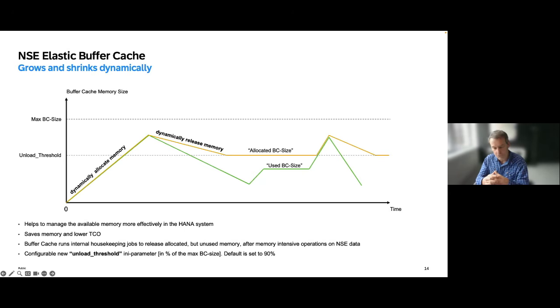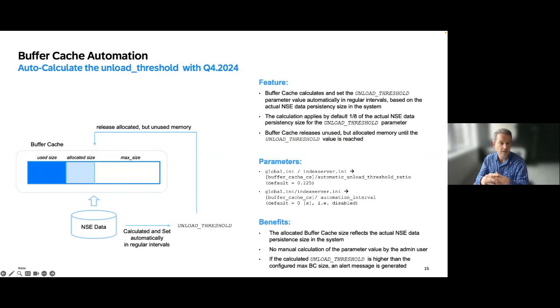And at the end of Q4, we further automated the buffer cache. In the next slide, we can define an automation with two parameters, which you see on the right side. One is the automation interval.